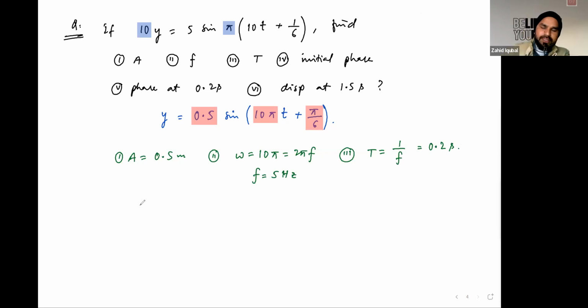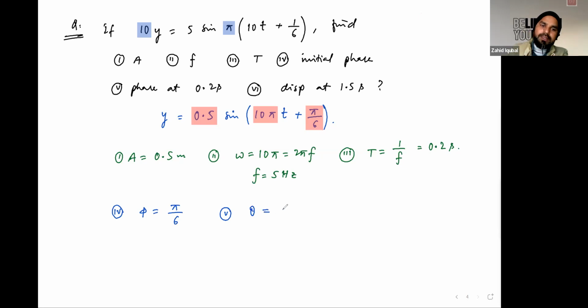In the fourth part, we have to calculate initial phase. Initial phase is the phase at t equals 0. In this part, this term will define the initial phase, so phi will be pi by 6. Next, we have to calculate phase at 0.2 second. What do you mean by phase?